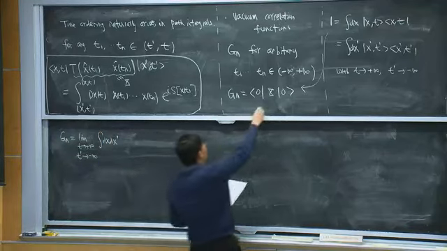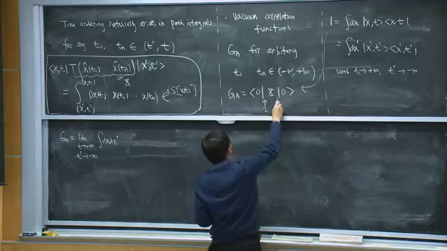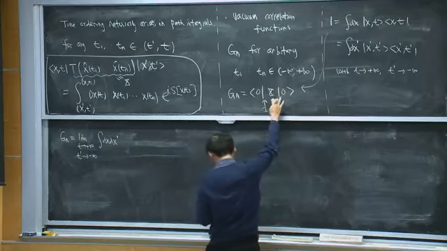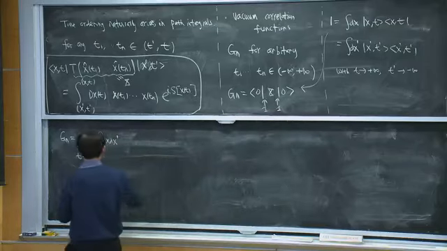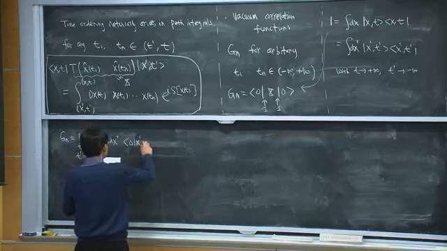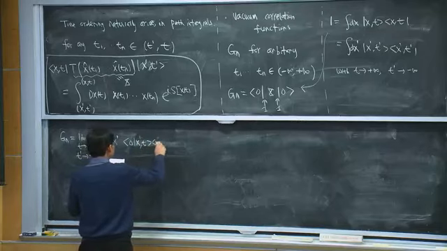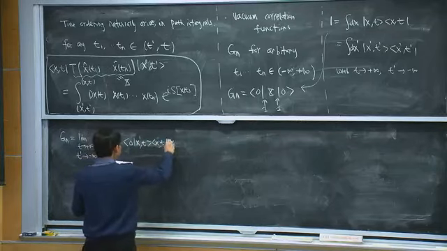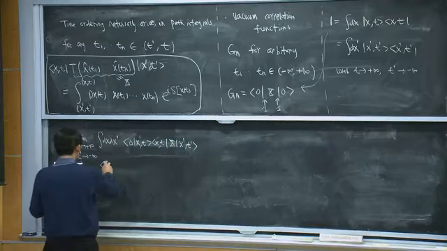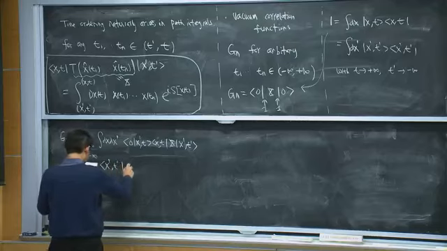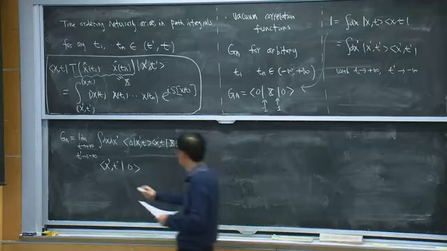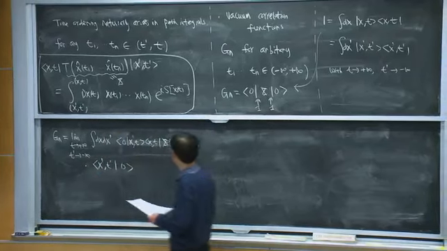We insert 1 in both places, the upper line here and the lower line here. Then we have <0|x t>, then <x t|X|x prime t prime>, and then <x prime t prime|0>.